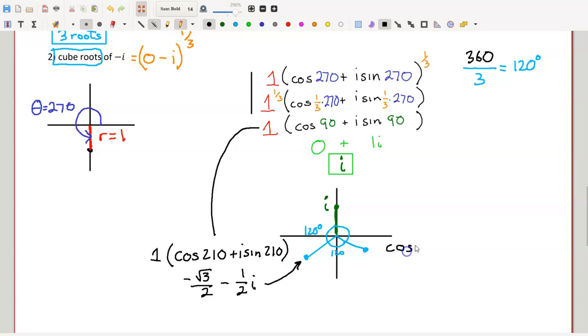So you might be able to skip this part just by symmetry alone, and say it is positive root 3 over 2, still minus 1/2 I. And that's the solution right here.